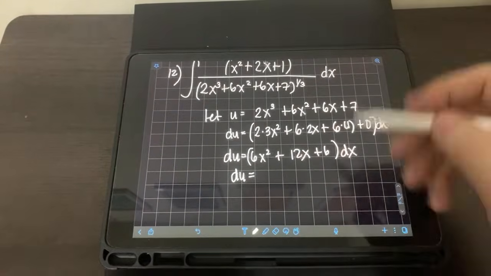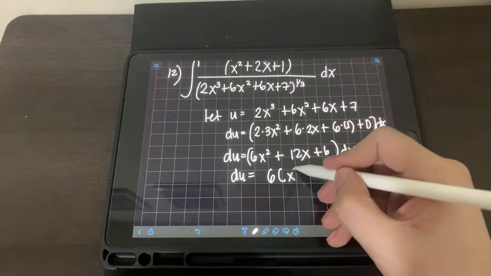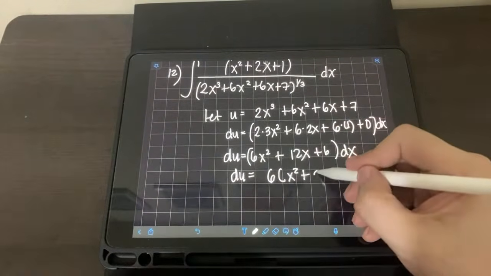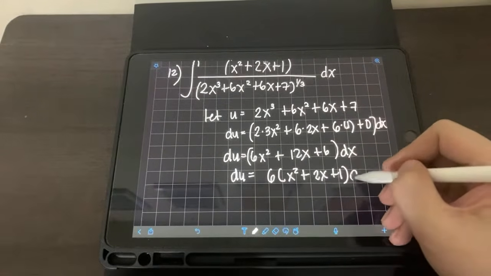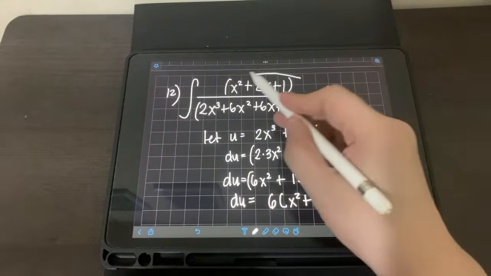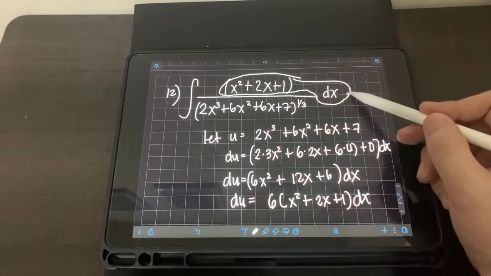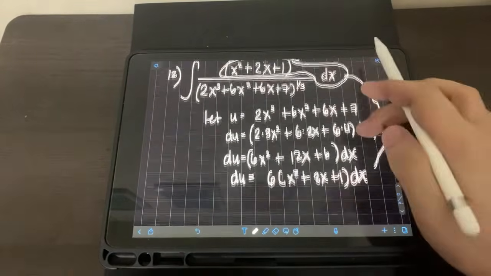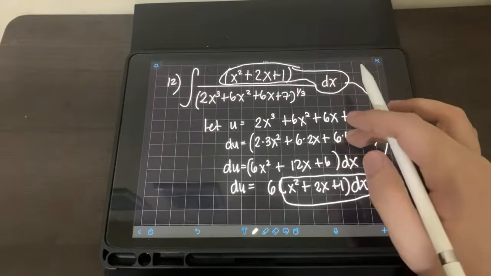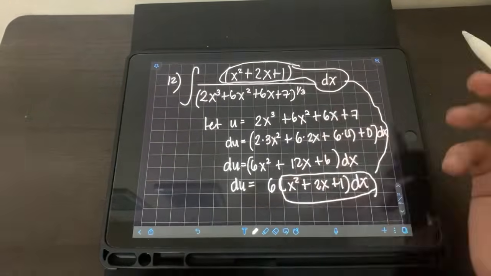So, factoring 6, you will have 6 times the quantity x squared plus 2x plus 1 dx. Okay, so therefore, we have created the expression x squared plus 2x plus 1 dx here. We just don't want the 6 because we have no 6 in the original integral.